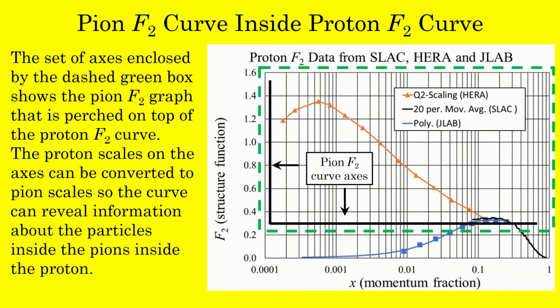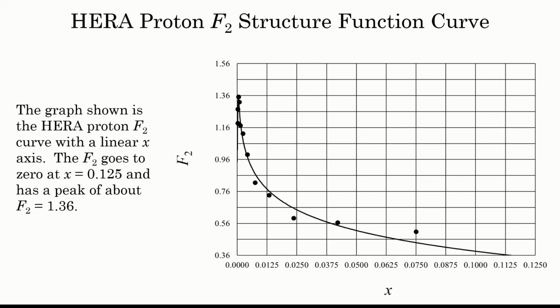Based on the shape of the HERA proton F2 curve, it is the F2 curve of the proton component particles, the pions, stacked on top of the proton F2 curve. This curve can be isolated and analyzed to determine the structure of the pions. To do this, we must first convert the proton F2 curve into a pion F2 curve.